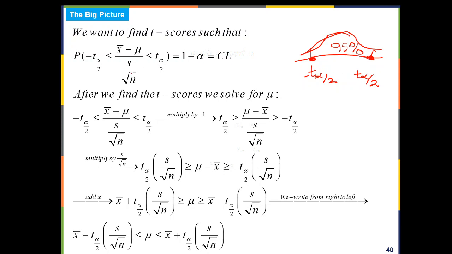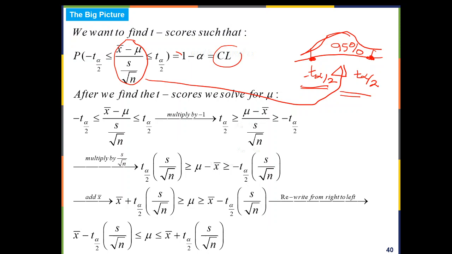So basically what we want is for this t to be between this number and that number. How do we guarantee that this t is between those two numbers? Well, we have to say, okay, what's the probability that this number is between these two numbers? 95%.